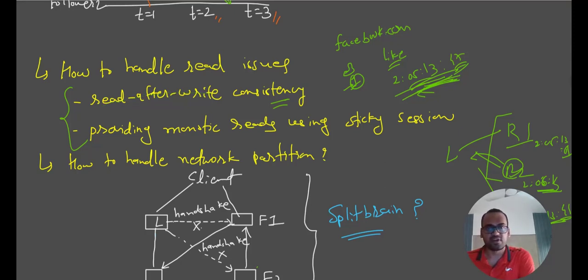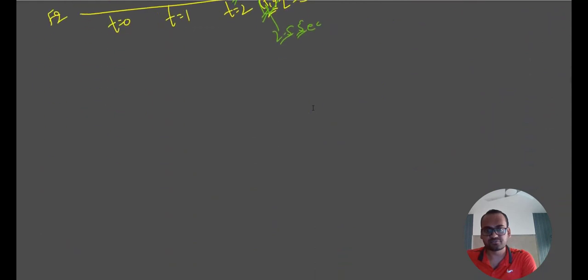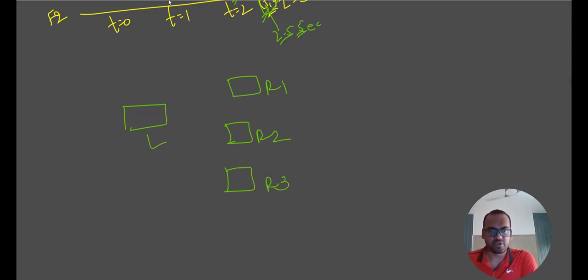Fine. Now, providing monotonic reads using sticky sessions. How do we do that? Let's say I have a leader, and replicas R1, R2, and R3. We are not considering the leader because we are making read requests.